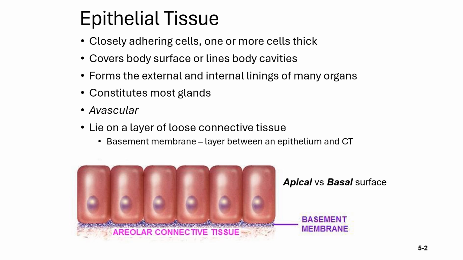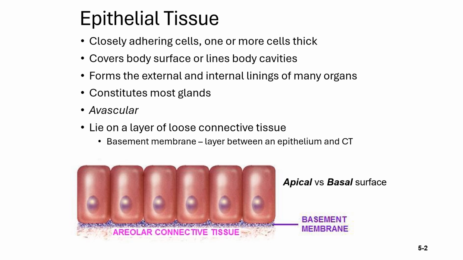Epithelial tissue is usually very thin, and it's one layer or a few layers thick. The cells are closely adhering, and below the epithelium is a connective tissue layer. There is a basement membrane which anchors the epithelium to the connective tissue below it.